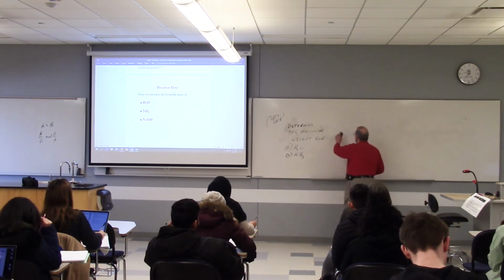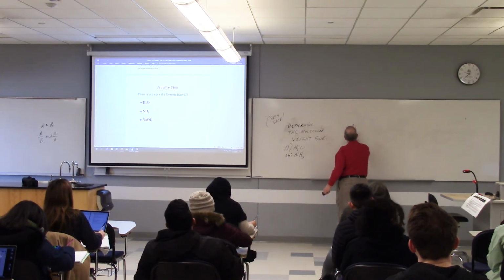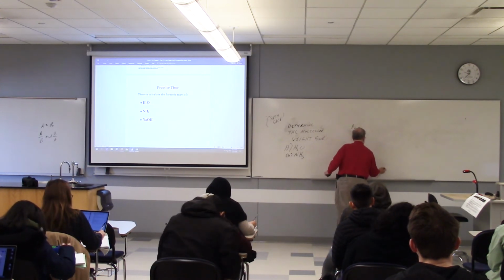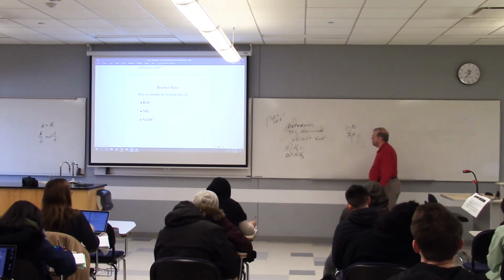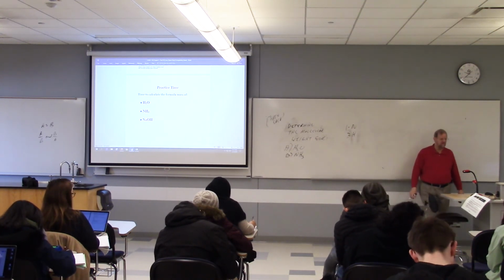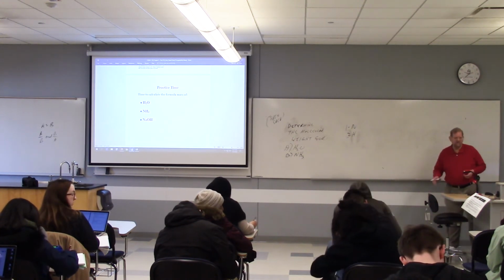And how do you do that? The molecular weight is the sum of all atomic weights. If you look at ammonia, ammonia has 1 nitrogen, 3 hydrogens. Now, what do you do?